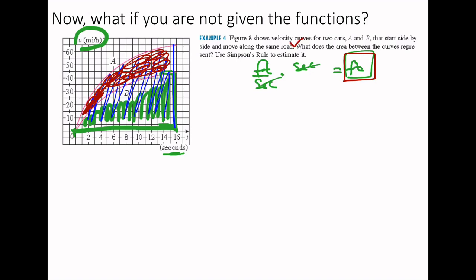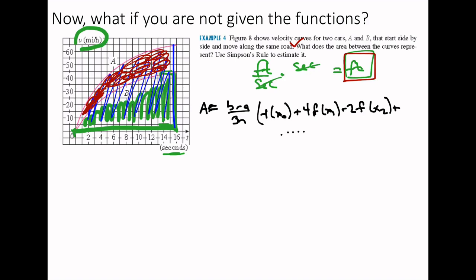All right, now if we're going to use Simpson's Rule to estimate it. You remember Simpson's Rule. Simpson's Rule, generically, is that an area approximately equals (b minus a) over 3n, and then we need our first y value plus 4 times the next y value plus 2 times the next y value plus 4 times the next one.